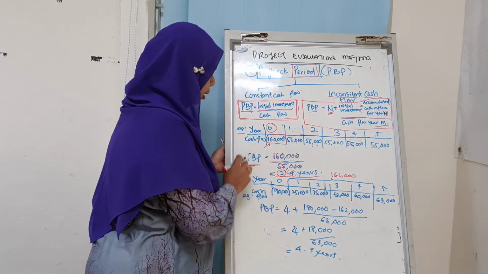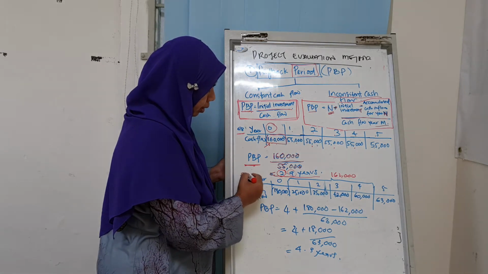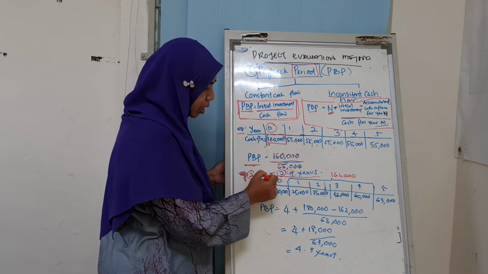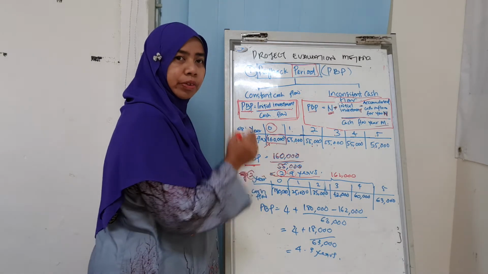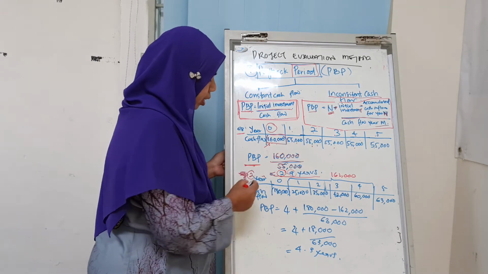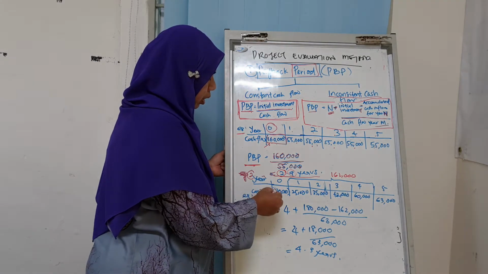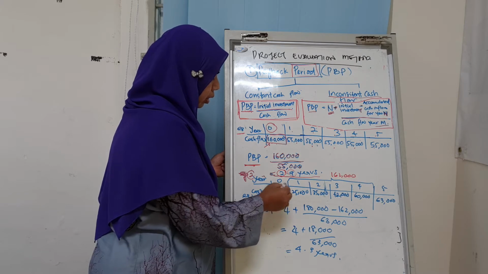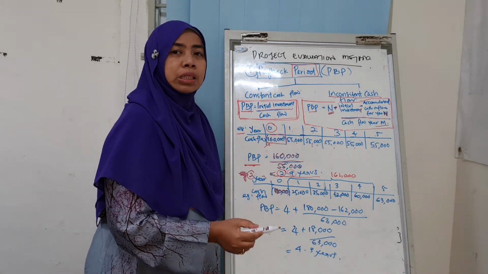Okay, let's see this example. The example is for inconstant cash flow, right? The initial investment is 180,000.